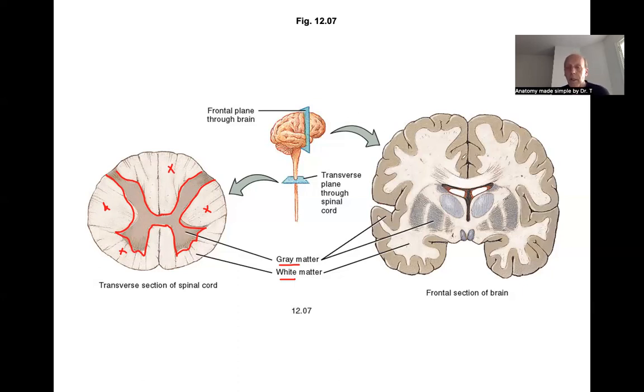In the brain, we have the same situation, gray and white matter, with the difference that the gray matter is now pushed more peripherally to be seen on the surface of the cerebral hemispheres, while the core, the inner aspect of cerebral hemispheres, is still done by white matter. There are structures that are seen deep inside cerebral hemispheres, like these structures that I'm marking with some kind of extra X's.